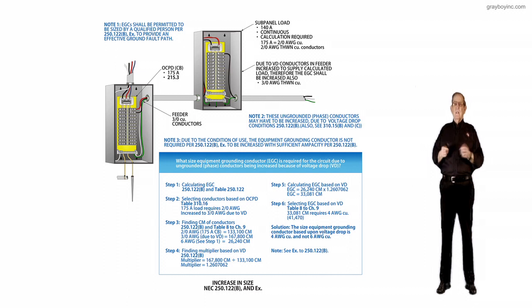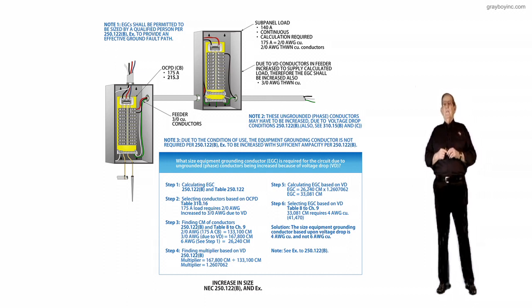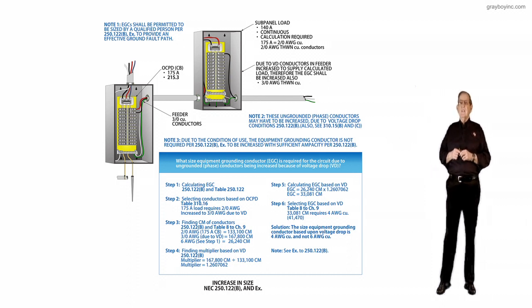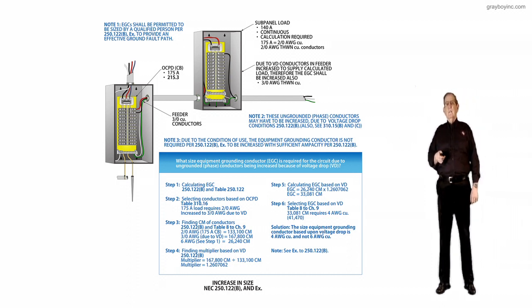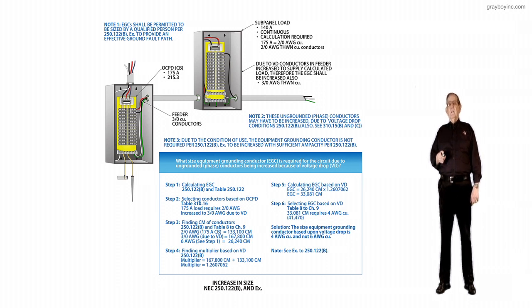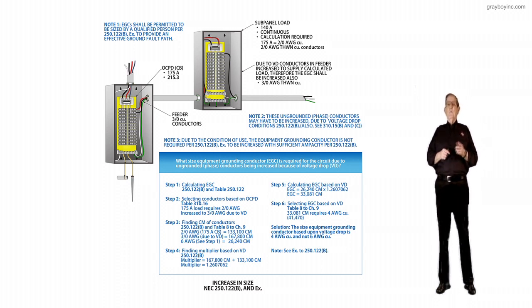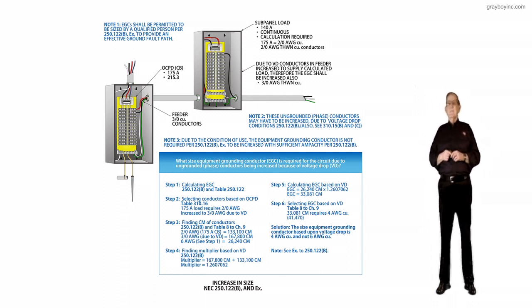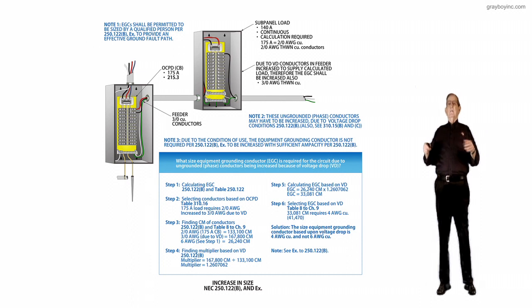And since the load in the overcurrent device is over 100 amp, then we know it's 75 degrees C terminals. Now, that's 110.14(C), as in car. Now, we increase it to 3/0 because of the voltage drop, step 2.